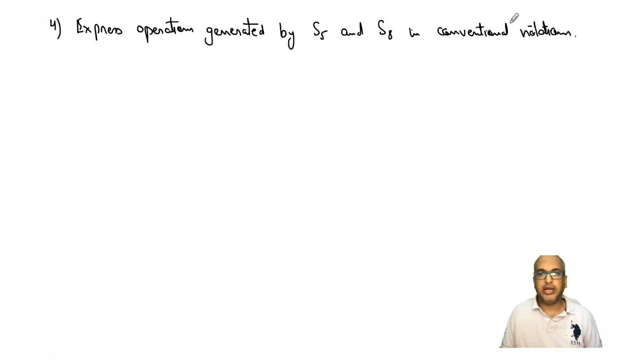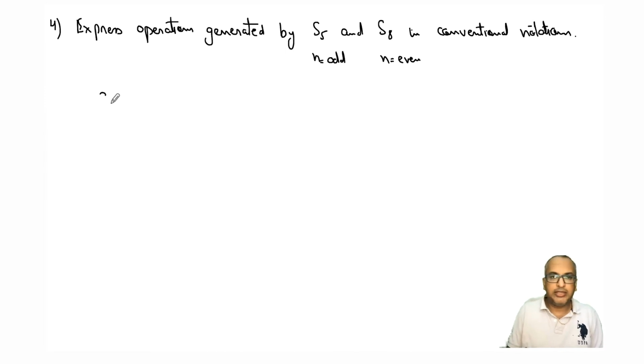Now this is easy, right? Now that you have learned how to generate different operations of S5, here they have taken two examples, where n is odd and n is even. For even n, you have to keep going up to S8 to the power of 8, and for S5 you have to go up to the power of 10. Let's just look at it again.